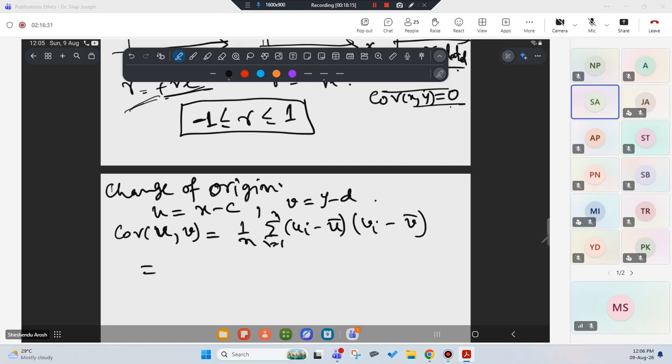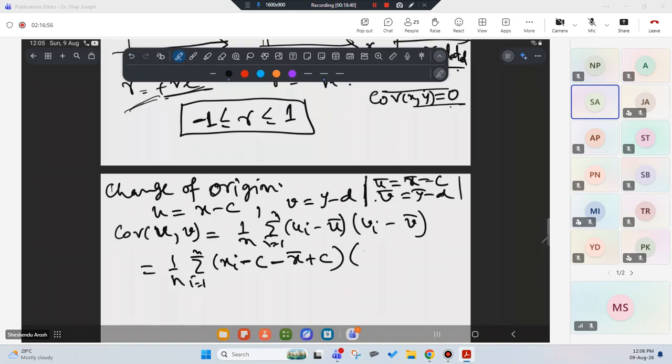So ui will be nothing but xi minus c. u bar will be x bar minus c, and v bar would be y bar minus d. So xi minus c minus x bar plus c, and here it will become yi minus d minus y bar plus d.